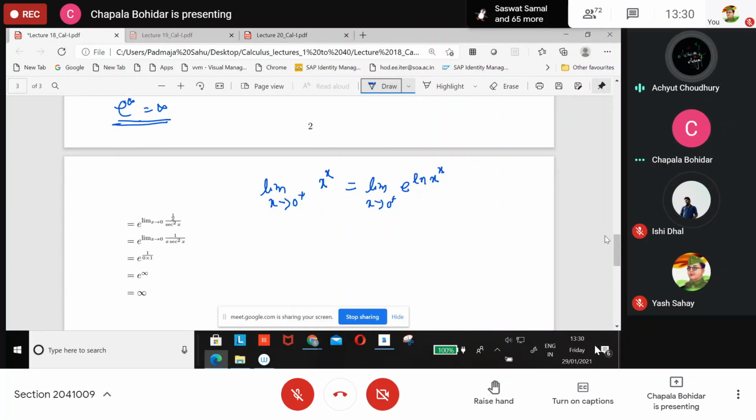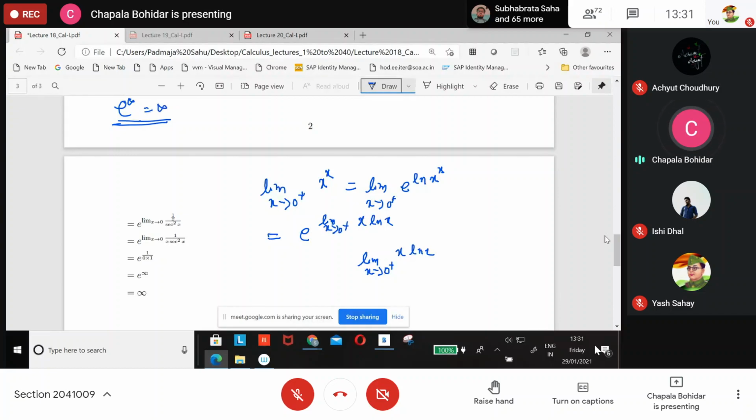This is according to our theory. So E, then we take this limit x tends to 0 plus, then we write x ln x. I am taking this outside: limit x tends to 0 plus x ln x.